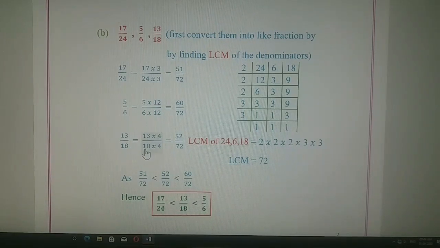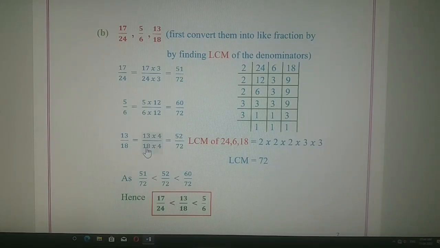The third fraction is 13 upon 18. 13 upon 18 should be multiplied with such a number that in the denominator we get 72. So when 18 is multiplied with 4, we get 72. 18 4s are 72. Since in the denominator we are multiplying 4, in the numerator also we have to multiply the same common factor of the LCM, that is 4.